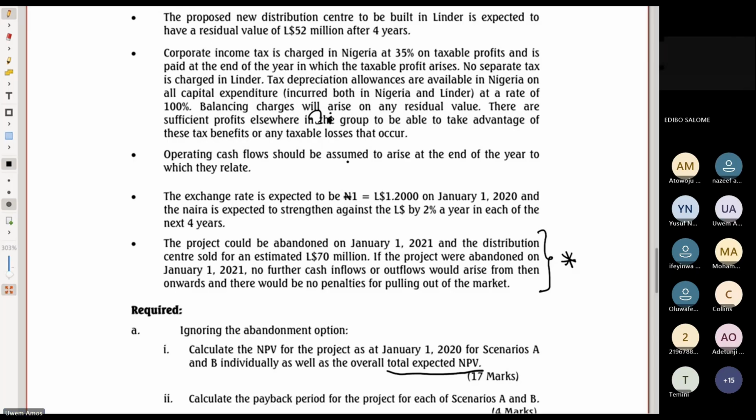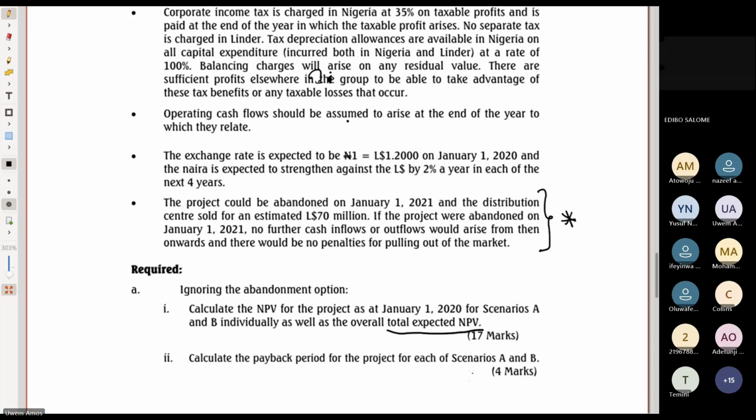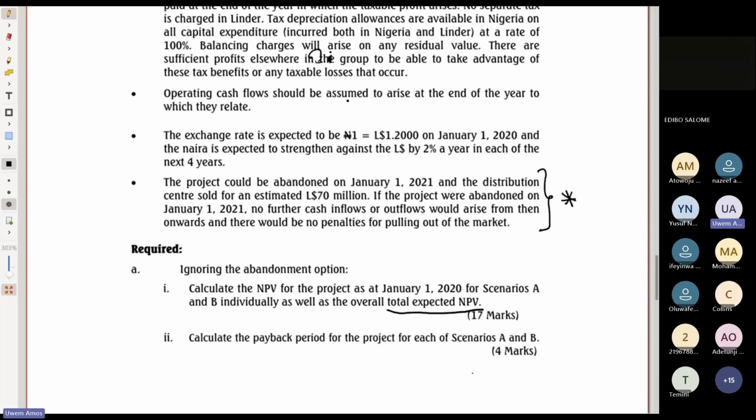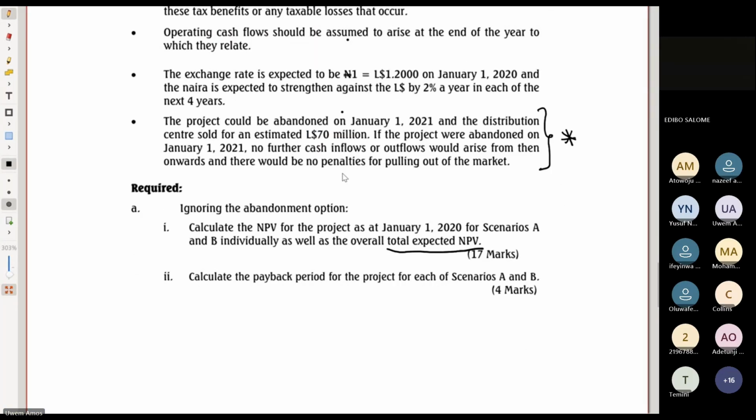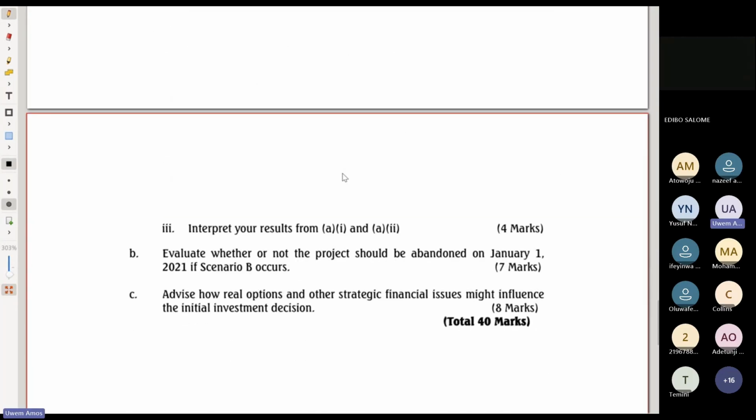All right. 2, calculate the payback period for the project for each of scenario A and scenario B. A3, interpret your results from A1 and A2.